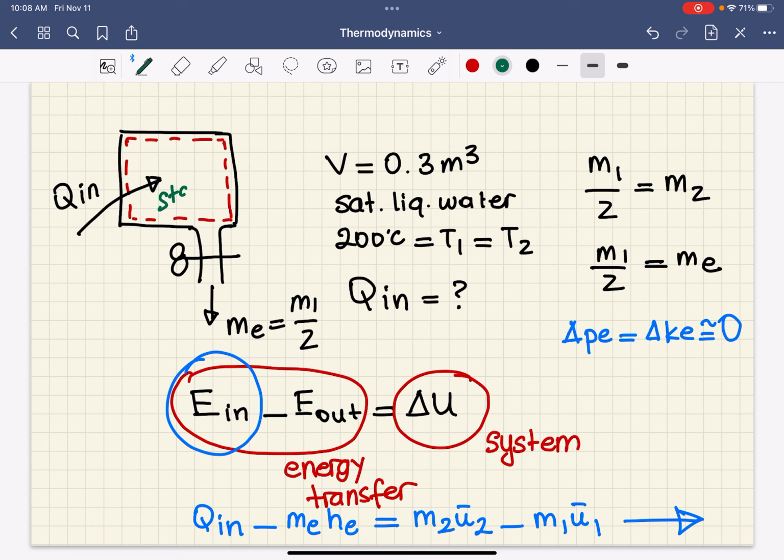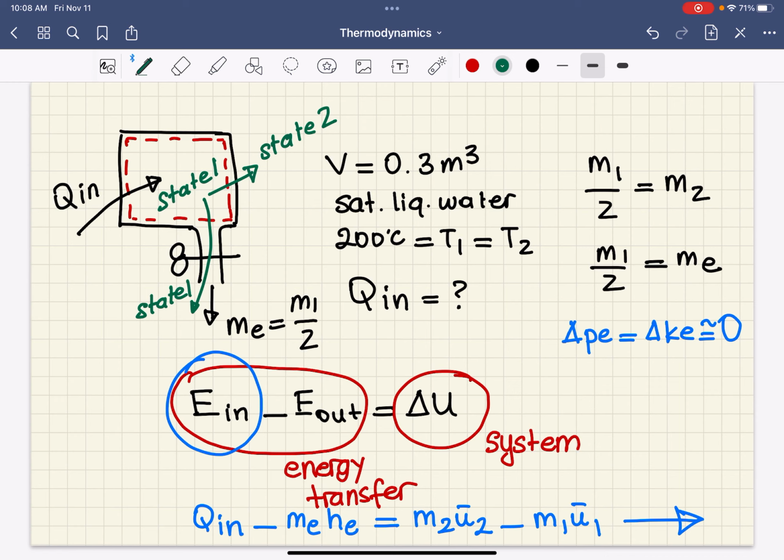The system is at state 1, and when the mass is exiting from that state, it is also at state 1, okay? So the exit state is actually equal to the first state of that system. From the first state, the mass is exiting at the same conditions, and you go to another state, state 2.